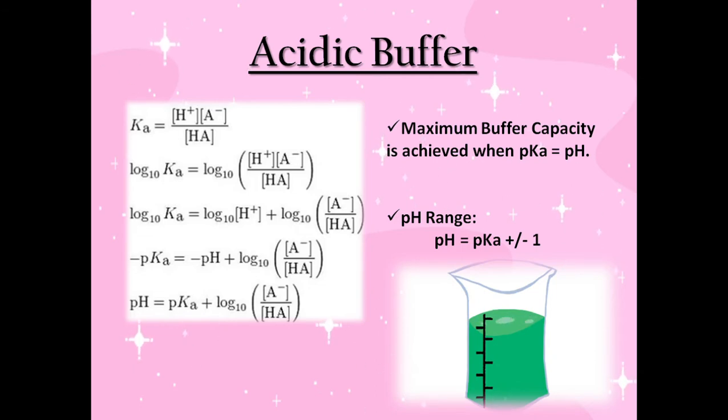This can be given as the Henderson-Hasselbalch equation, which is written over here. You should derive this equation, which comes from your normal equilibrium equation, and this last formula is important for your examinations.